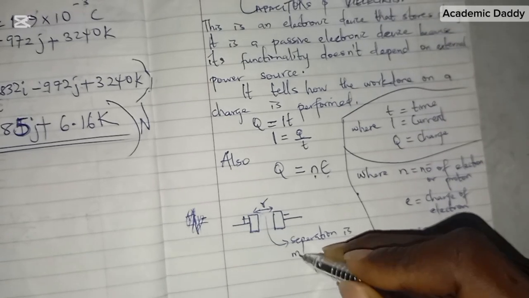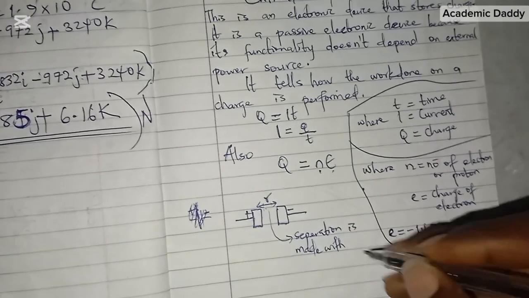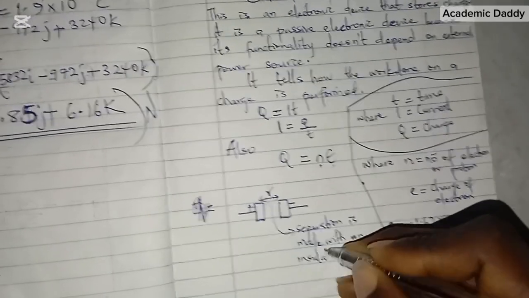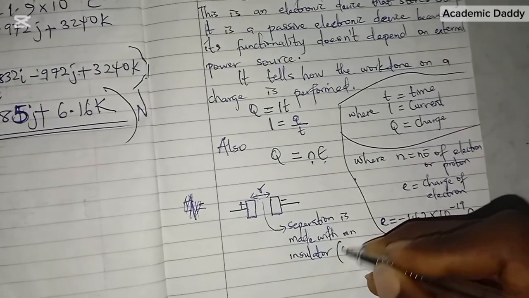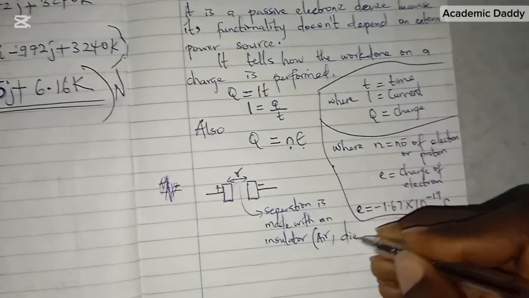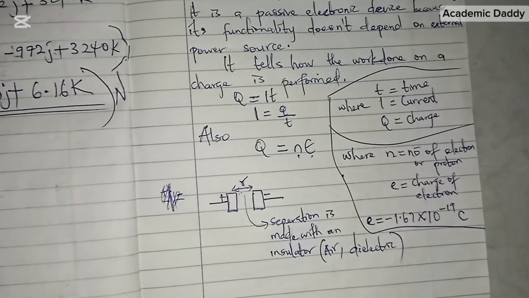It can't be water because water is a conductor. So this insulator can be air, it can be a dielectric, it can even be a vacuum. You need to know this.